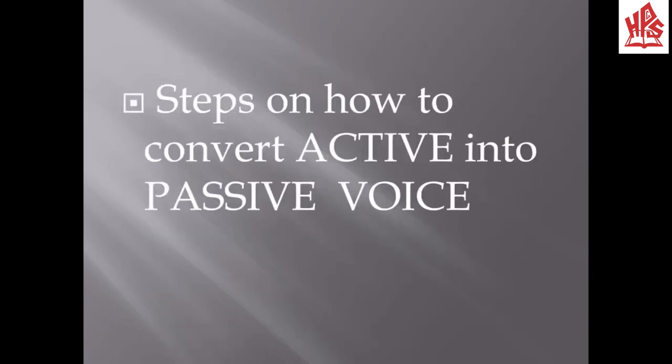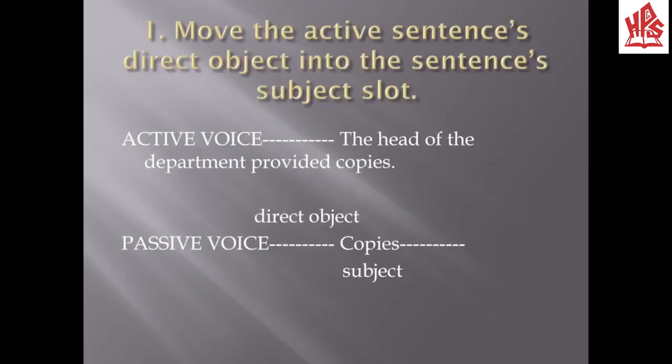Now, we are stepping on how to convert active into passive voice. Move the active sentence's direct object into the sentence subject slot. Active voice: the head of the department provided copies. Passive voice: copies. Now look here, the sentence, the head of the department provided copies.